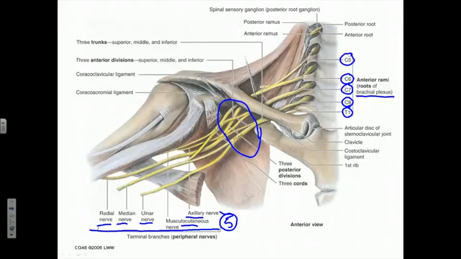Because it means that every muscle in the upper limb that is innervated by these nerves is also going to be innervated by at least 2 spinal cord segments.